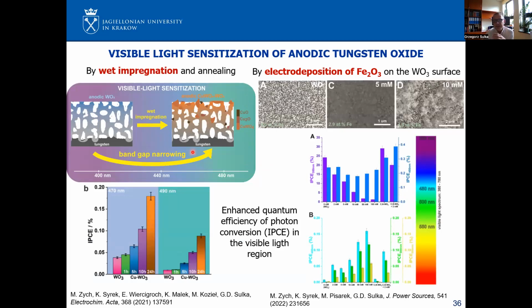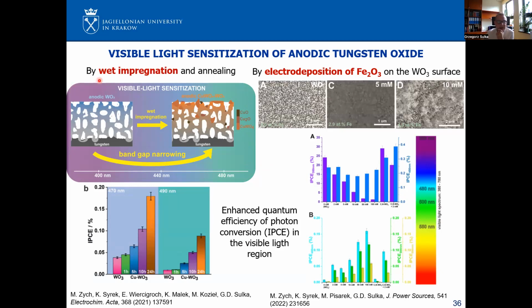Since tungsten oxide, similar to titanium oxide, mainly absorbs UV light, we tried to sensitize them to visible light, of course, by two approaches.